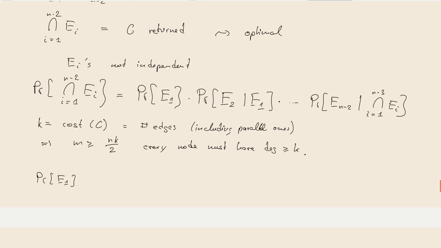Yes? Do we want to pick each edge with the same probability, or do we want there to be like two nodes being picked at random and their connection being shrunk? Because it's kind of different because we have a multigraph.